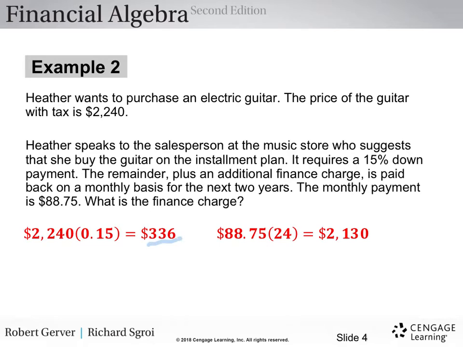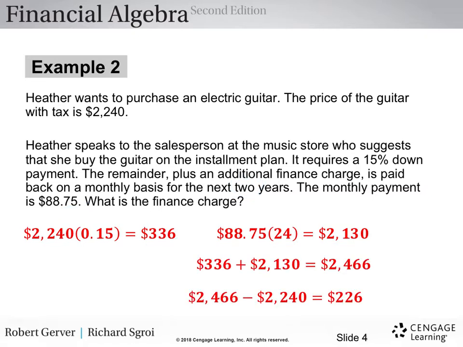Now, she's going to make monthly payments in the amount of $88.75 for 2 years, okay? So if we take $88.75, multiply it by 24 months, that means at the end of those 24 months, she's paid to the store $2,130 in monthly payments.